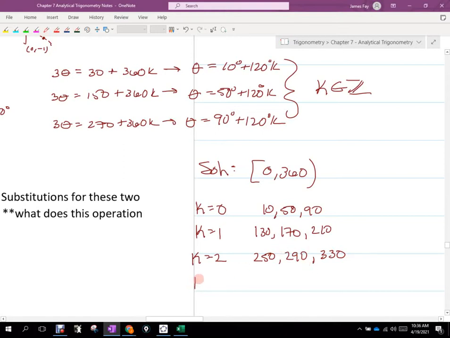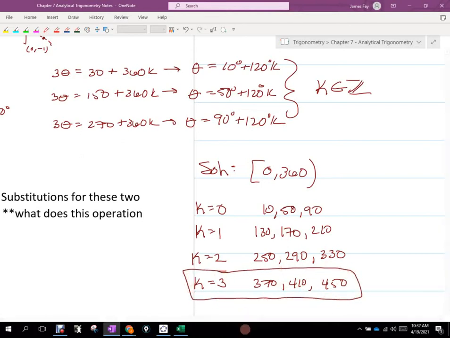Okay. If I keep climbing with k, the next one I would get would be 370. Add 120 to this one, it would give me 410. This would give me 450, right? Why would I not use those? They're outside that interval. So we stop at k equals 2.